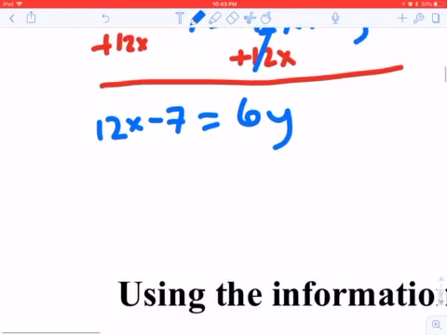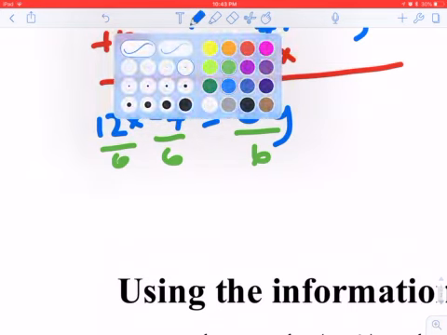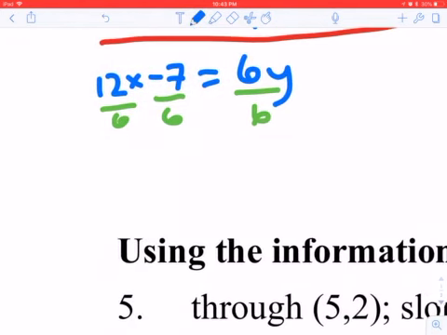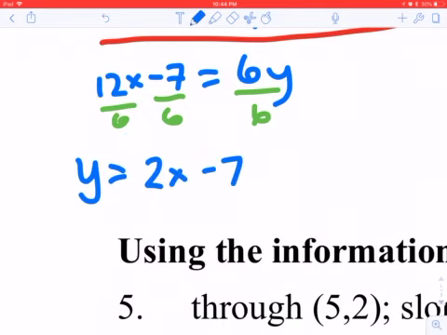And then last step I need to do, divide every term by 6. So then I get, I'm going to write the y first. 6 divided by 6 is just 1y. And then 12 divided by 6 right here, that is 2x. And then negative 7 over 6. Leave that as a fraction.